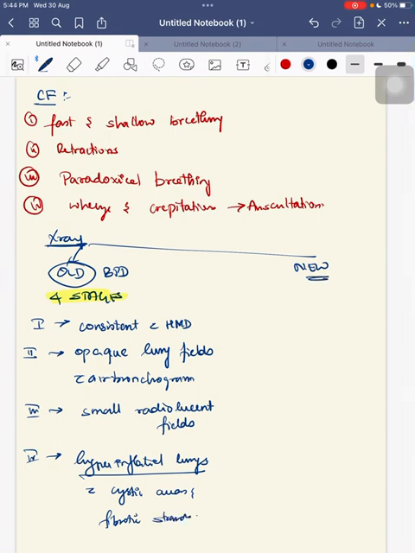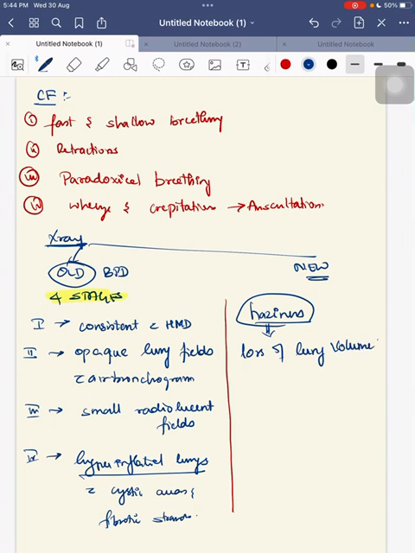In new BPD, the child will have only haziness. This haziness reflects a diffuse loss of lung volume, or there can be increased lung fluid.